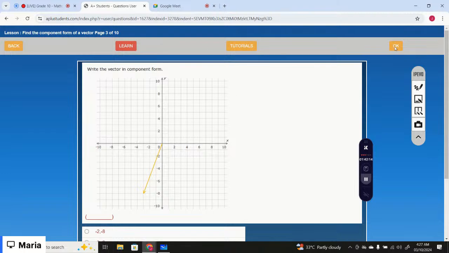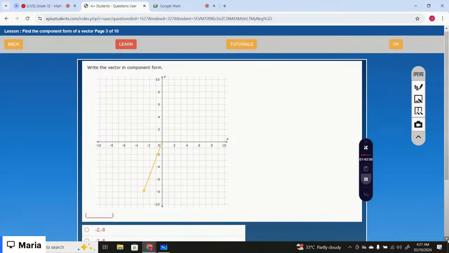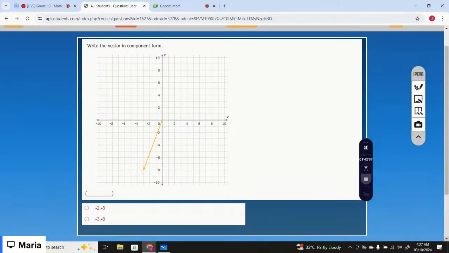So which is the correct option? You have to write this vector in component form.